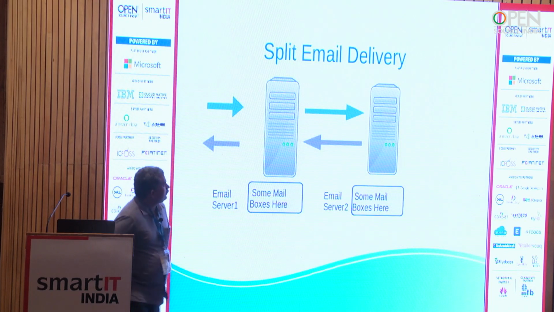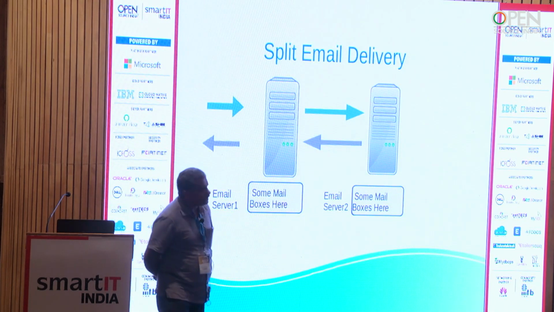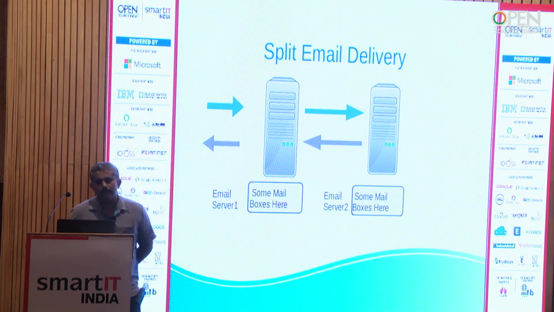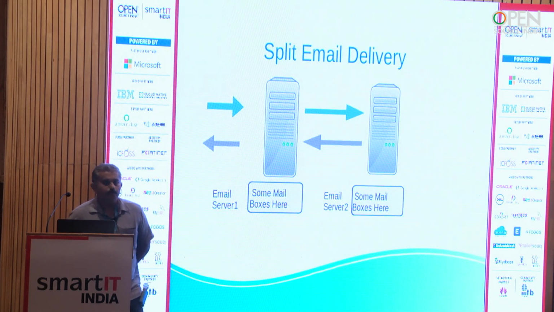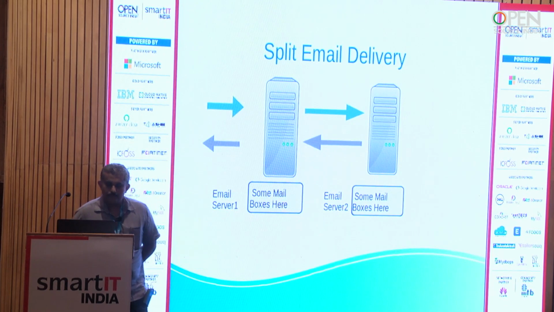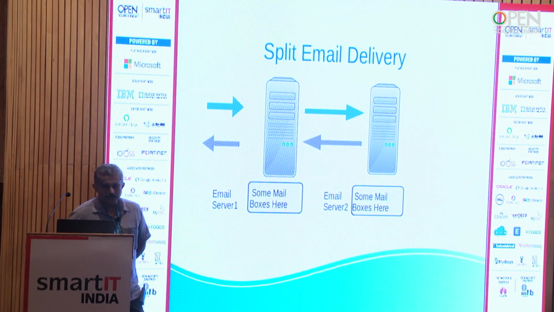This is a split email delivery in a Linux system. If we have two email servers, we can store the mailboxes in both servers. For example, email server 1 will have 10 mailboxes, and email server 2 can have 80 or 90 mailboxes. That is called split delivery.